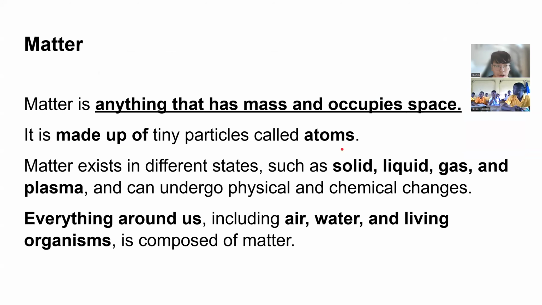Matter exists in different states, such as solid, liquid, and gas, and there's a fourth state called plasma, and it can undergo physical and chemical changes. Everything around us, such as air, water, and living organisms, is composed of matter. This is a brief introduction to matter, and remember that atoms are the smallest particles of matter.